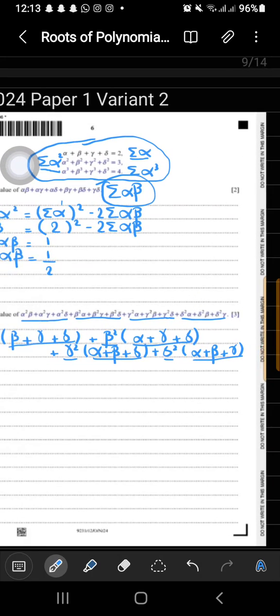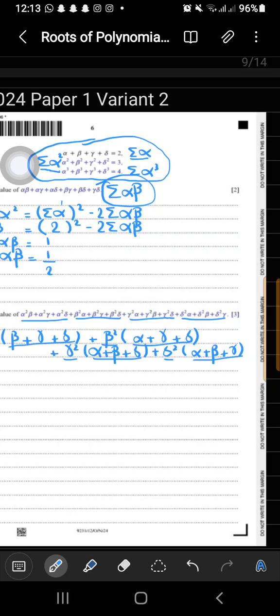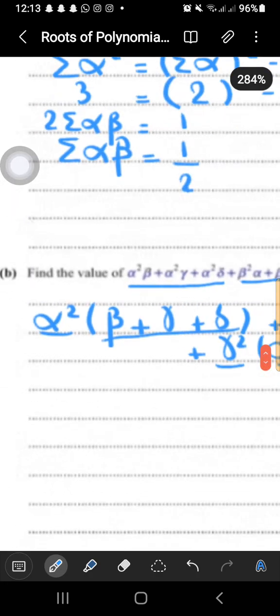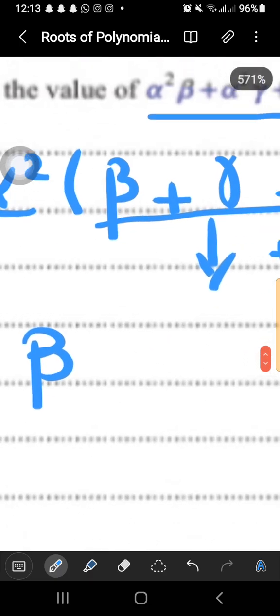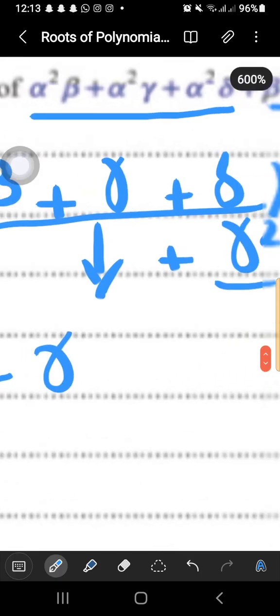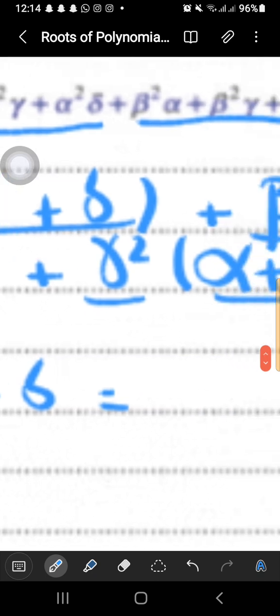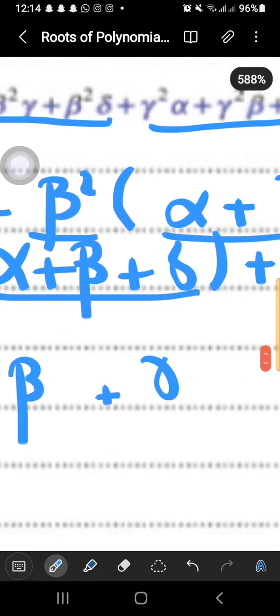Let's move ahead. I hope you get how we made this, but it's still not able to be solved, so we have to make it easier to solve further. We are talking about this beta plus gamma plus delta. We can write it as beta plus gamma plus delta.